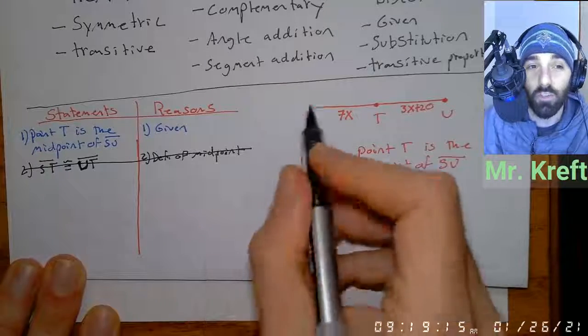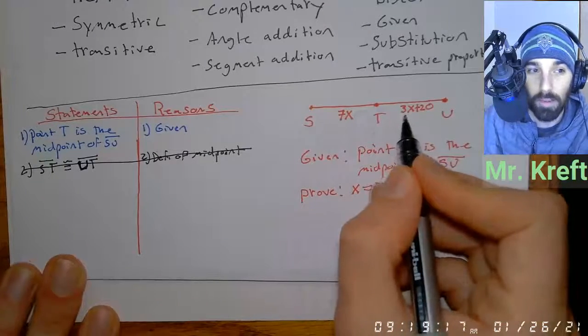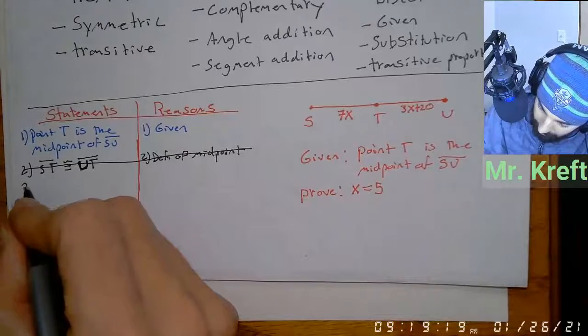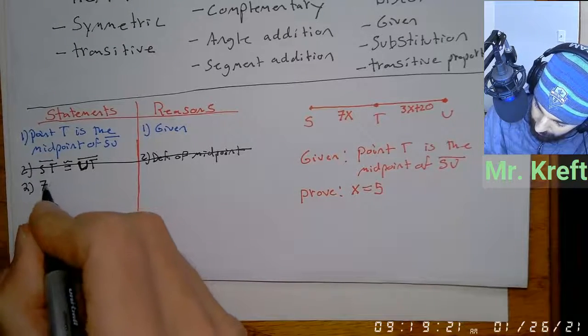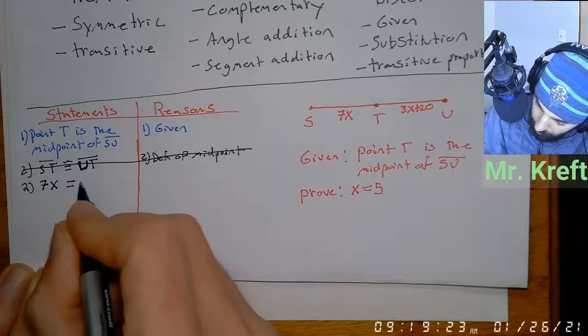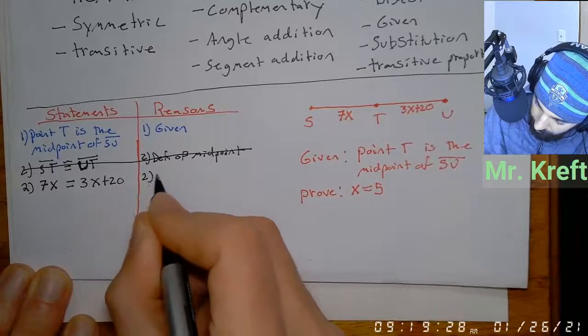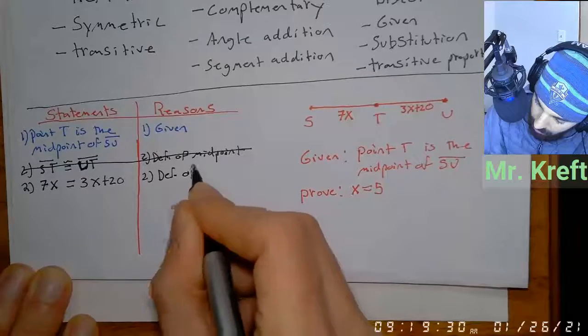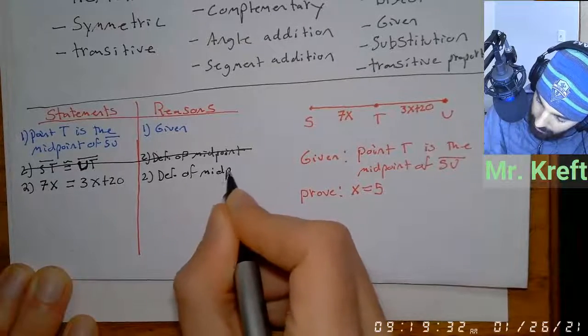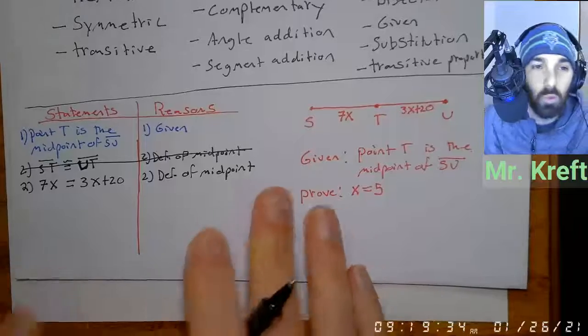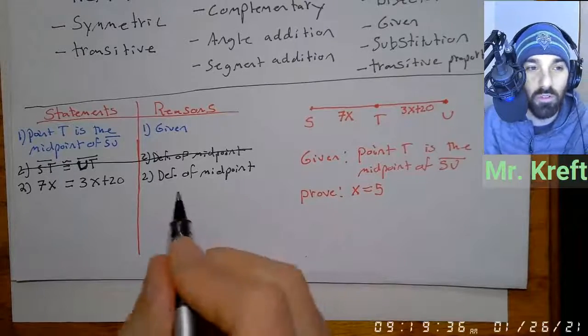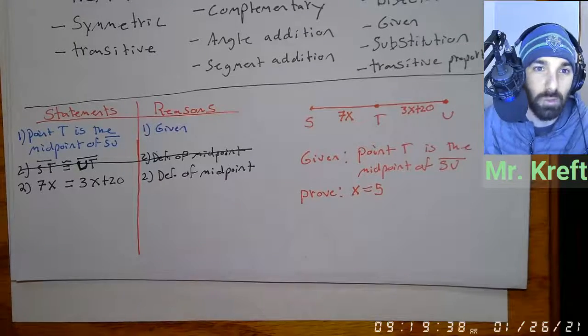But really what we're going to do is dive right into the algebra that matters. So instead, my second step is going to be the left side equals the right side, and I'm writing definition of midpoint. Guys, we're so new into proofs that if you just write midpoint, that's okay for right now.